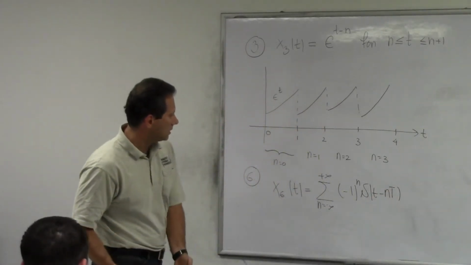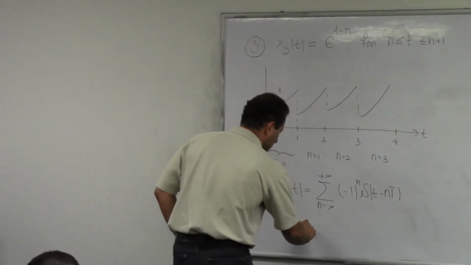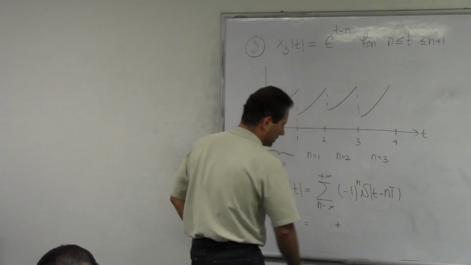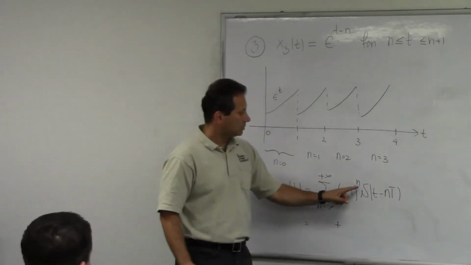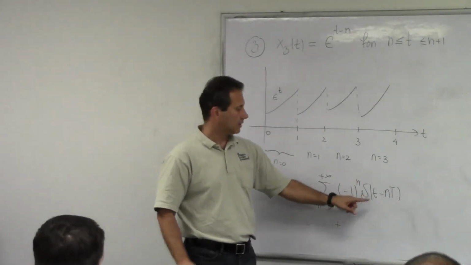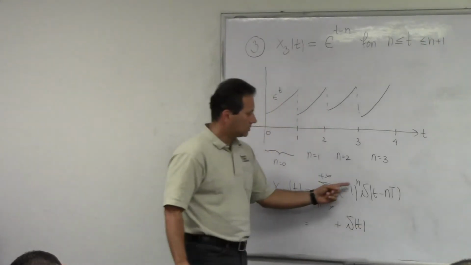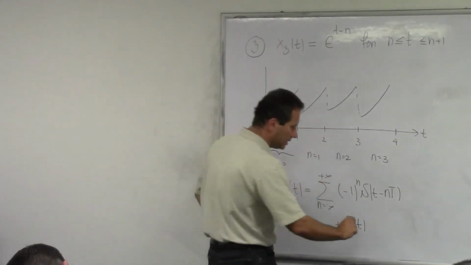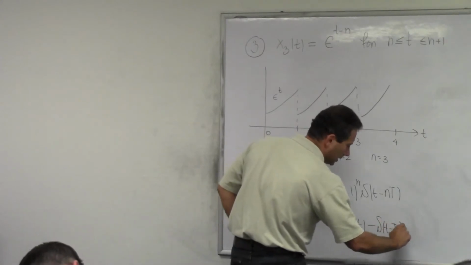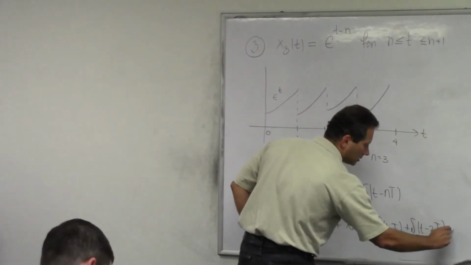So the best thing to do here is to expand this a little bit, right? Let's just look at it for positive n. It will give us an idea. When n is equal to 0, this is minus 1 to 0 is 1, delta of t. So it's delta of t. When n is equal to 1, this becomes minus delta of t minus T, and then plus delta of t minus 2T, and so on.